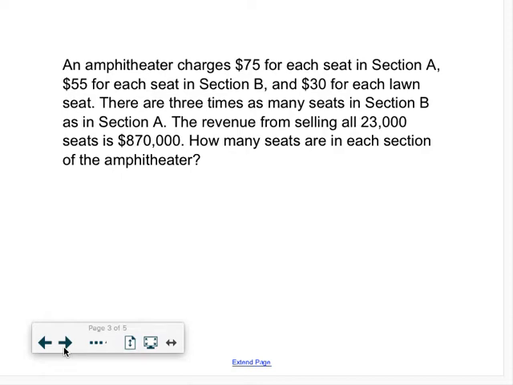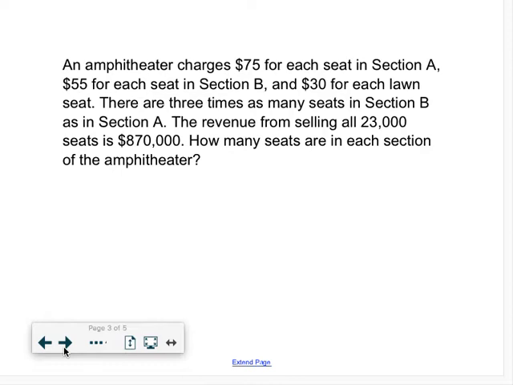Because if you decide on the variable and what it means, it makes it a lot easier to write the equations that you need. So as we're surveying this problem, what are we being asked to find?